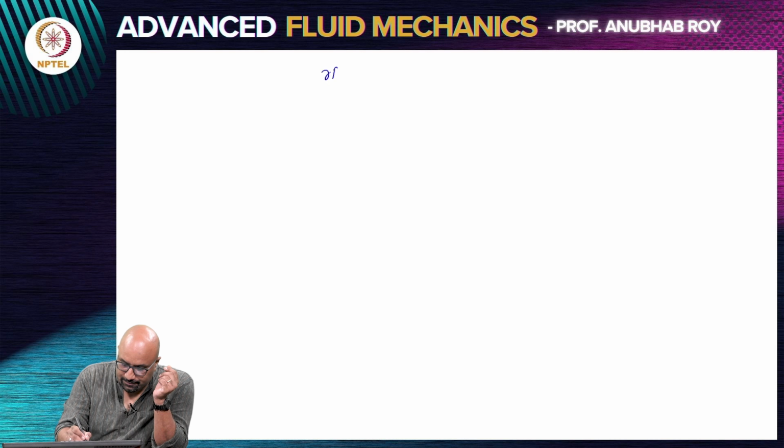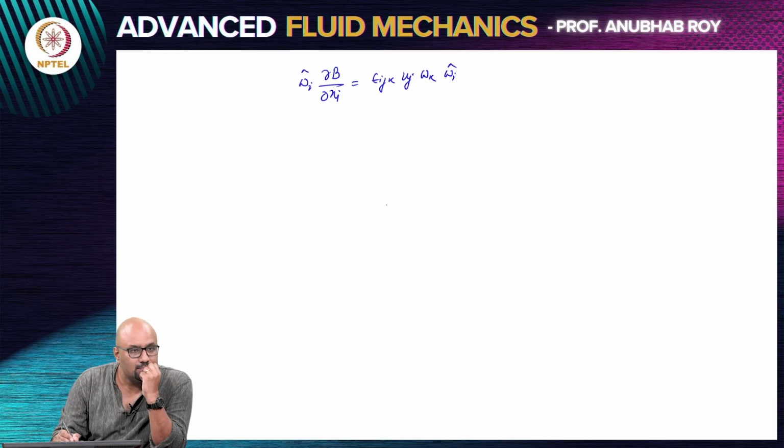Going further, dou b dou xi is equal to epsilon ijk uj omega k. What if I dot this with the vorticity vector? This object, so omega cap i is basically a unit vector along a vortex line.